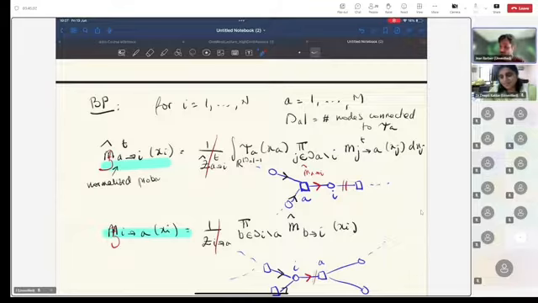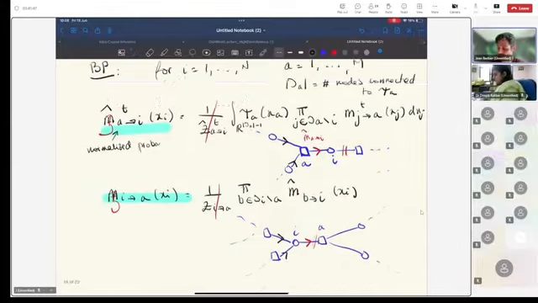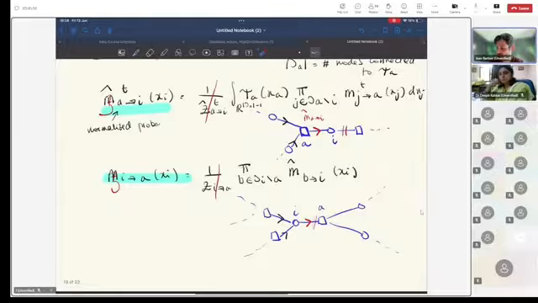These equations are defined for every i and a, for every node and factor. So you have a set of messages of these two types, for every node and factor. Basically you have messages flowing on every edge of the graph. Between every factor and node, you have a message flowing in each direction.